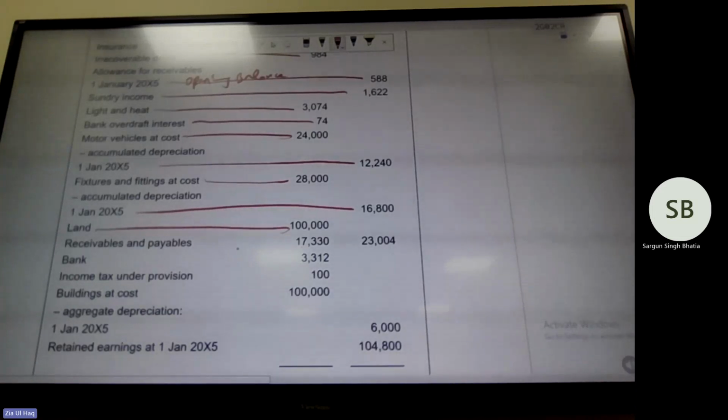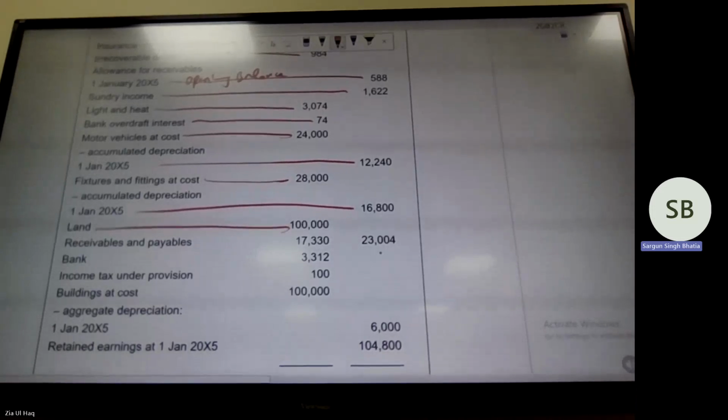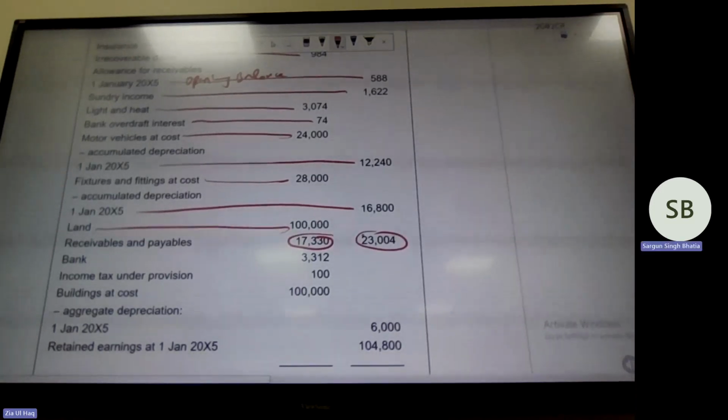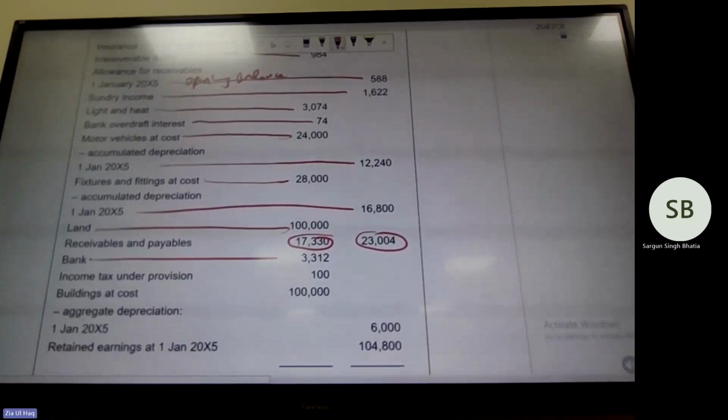Receivables and payables. What is receivable? What is payable? Payables is our liability and receivable is our asset. So the receivable is 17,330. These are the receivable assets, and this is the credit balance of liability, payables. This is bank, meaning current asset.